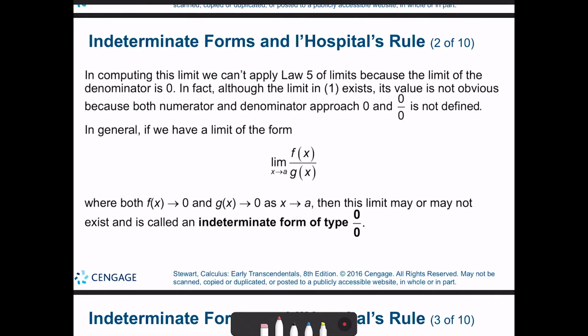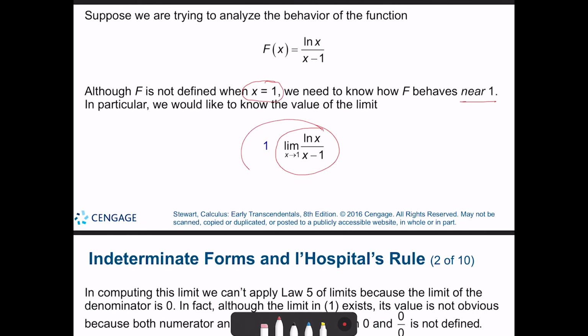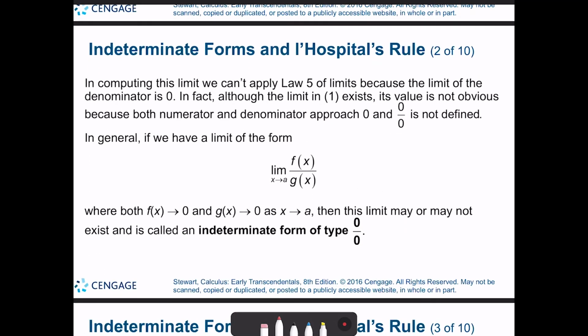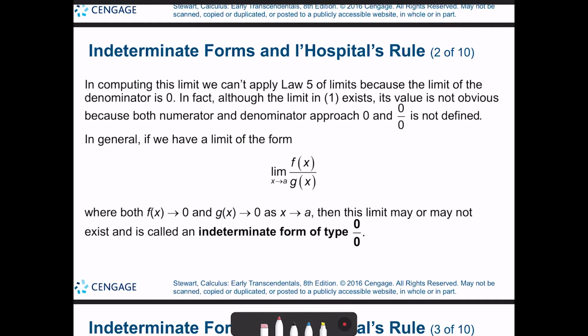In computing the limit, we can't apply law number 5 of limits because the limit of the denominator is 0. In equation number 1, it's particularly unique because not only is the denominator 0 or approaching 0, but so is the numerator.